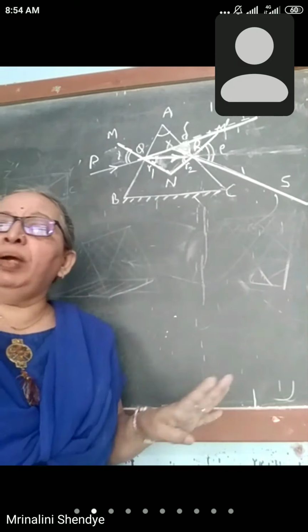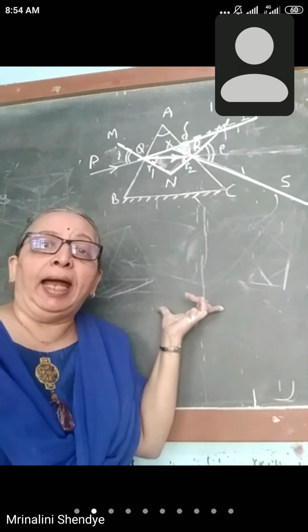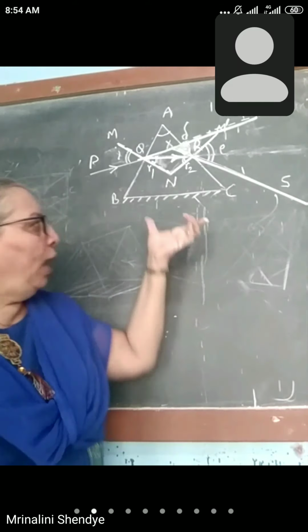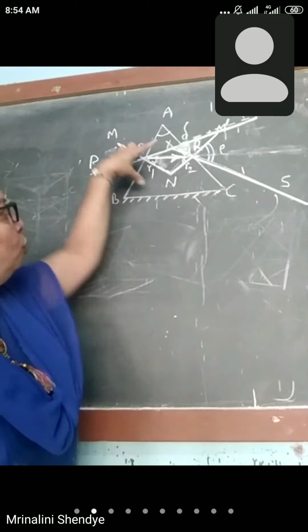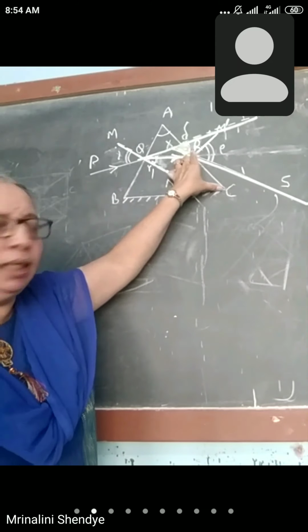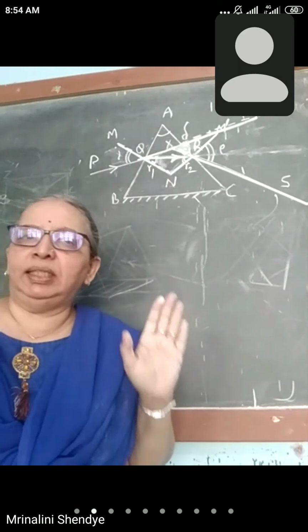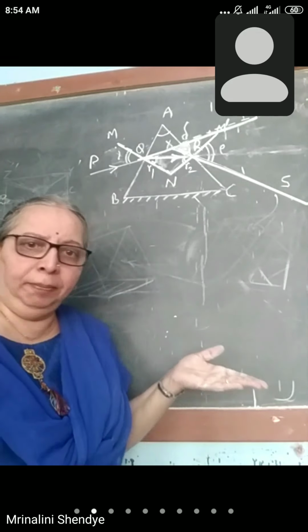So you will get this diagram. Again, you have to show the base. You have to show two refracting surfaces. The angle between the refracting surfaces is called the angle of prism.